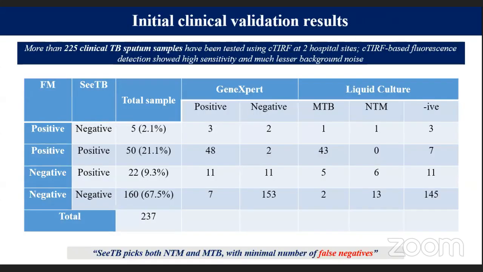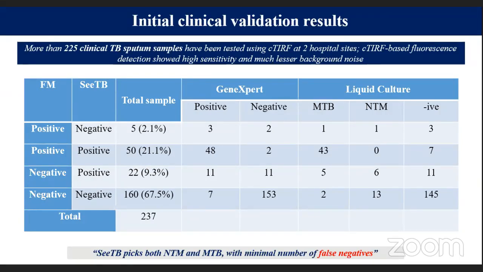This is the clinical validation result which we have observed, where we had taken more than 237 or 250 samples actually, where a few samples were not collected nicely, so they were not considered in the study. Only 237 samples were considered for this study, and we published that.